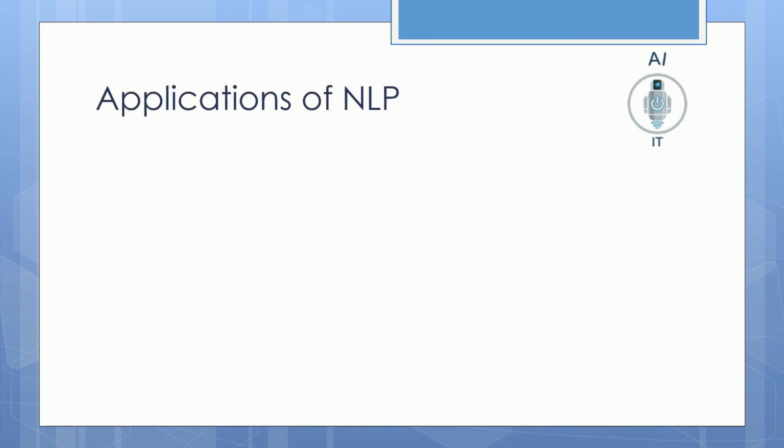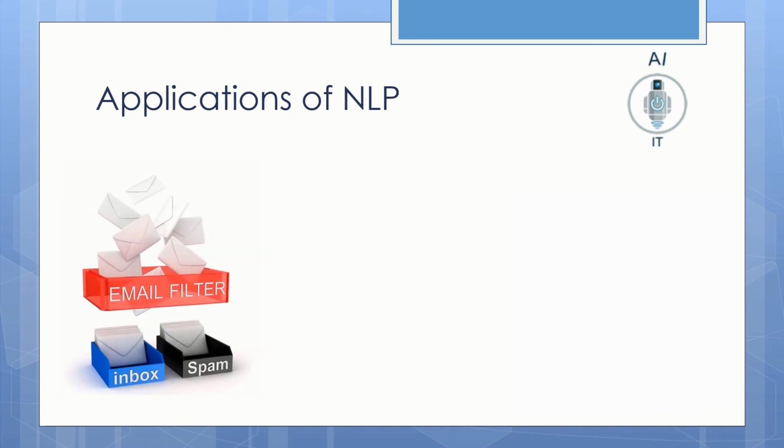Now, some of the applications in this domain are the email filters. Whenever we receive an email, we see that certain mails are segregated as spam messages and they go to the spam folder. This is done with the help of natural language processing.